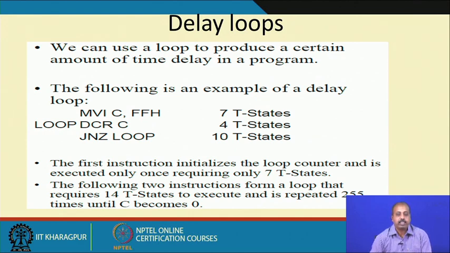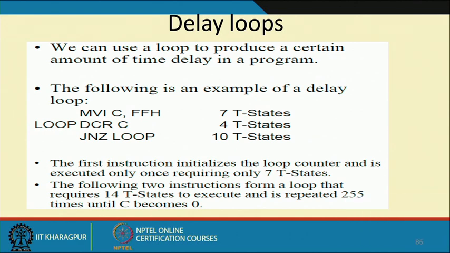Let us go back to our first example of a delay loop and try to see the amount of delay that it can generate. If this code fragment is put inside a bigger code, it will introduce some delay in that code.